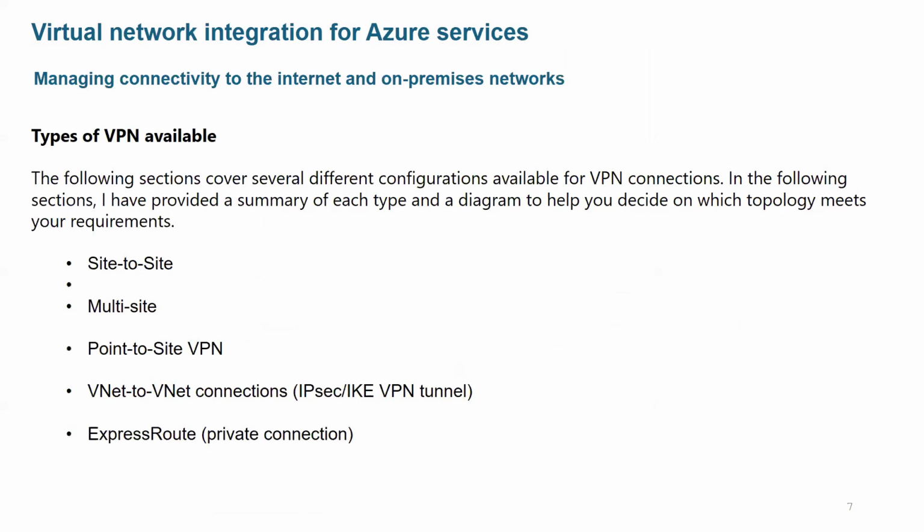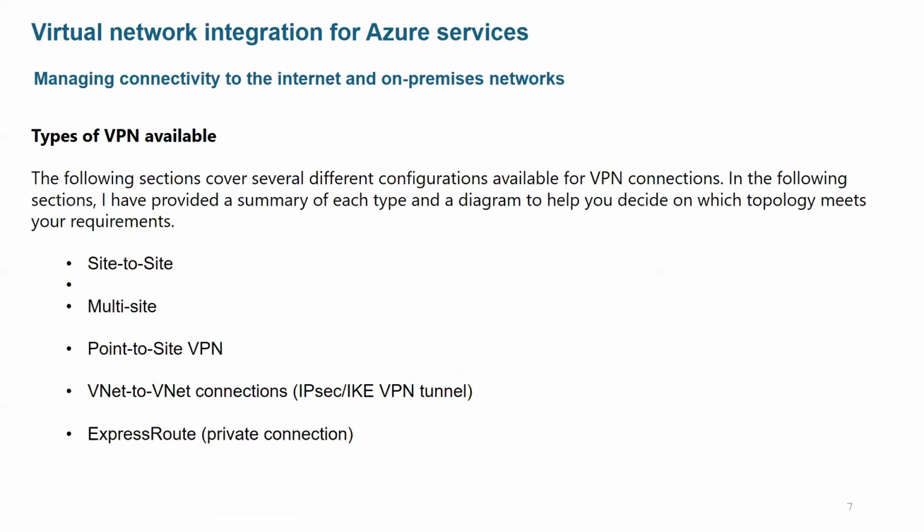Site-to-site VPN, we have multiple types of VPNs available: site-to-site VPN and multi-site VPN, point-to-site VPN, and VNet-to-VNet connections, IPsec rules and VPN tunnel. They enable a VPN tunnel, and ExpressRoute is a private connection.